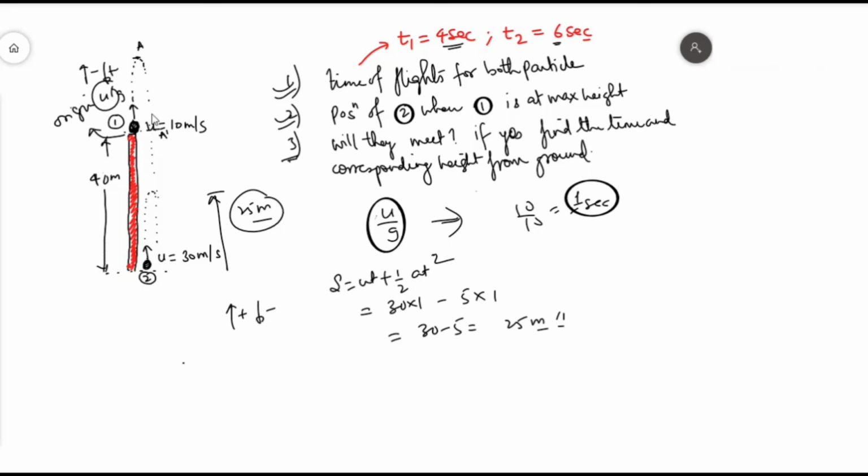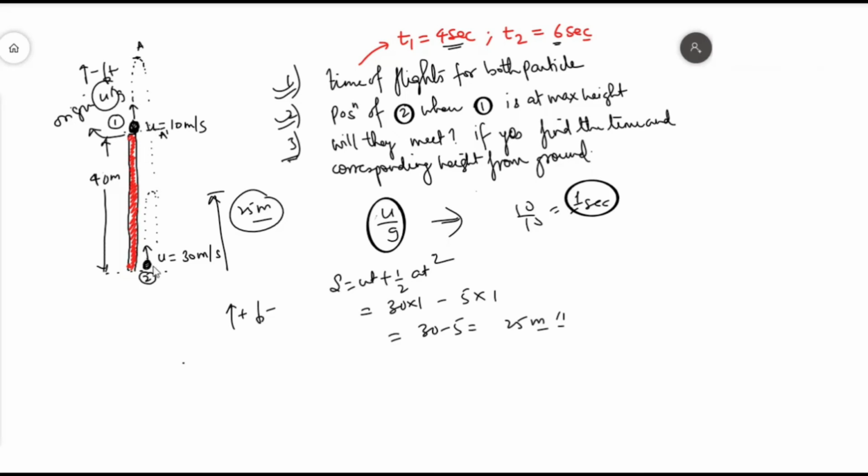The time period is going to be 2 seconds. Now think about the time period for this second guy that we already calculated: that is 6 seconds for the total time, and it's going to take 3 seconds just to go up to its maximum height. And this first particle is going to take 2 seconds to complete its path.